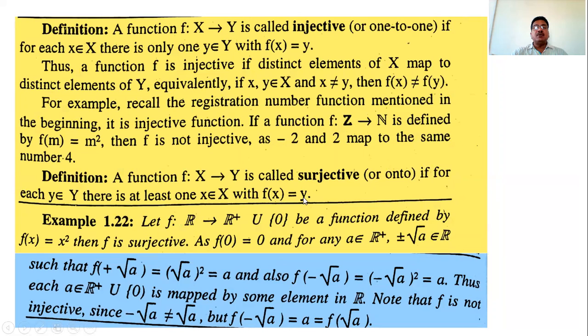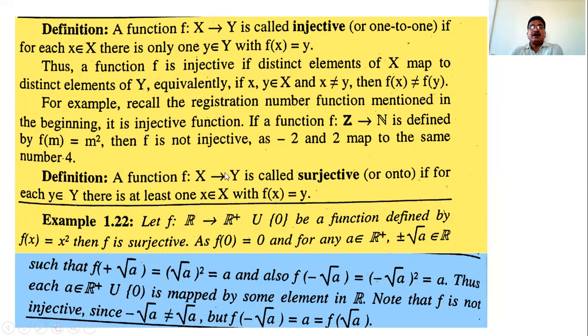So f(x) = y means the image of x is y, or the pre-image of y is x. If each element of Y, the codomain, has at least one pre-image, then the function is called surjective.